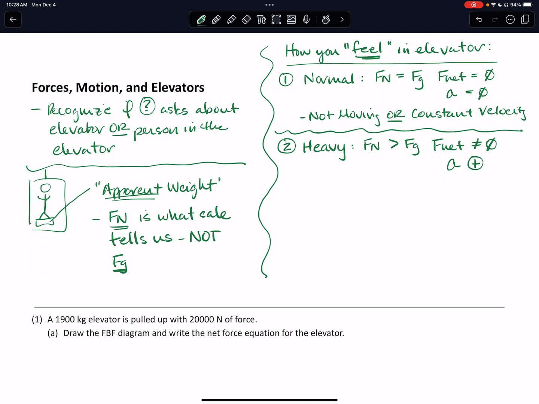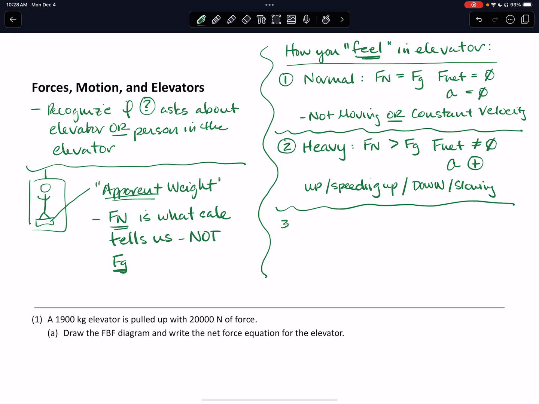You have a couple choices for when this can happen. If you're moving up, then you are speeding up. The signs of your direction and acceleration are working together. You could also be moving down and slowing. If we have either of those situations, moving upwards and speeding up or moving downwards and slowing down, then you should feel heavier than you would under normal circumstances.